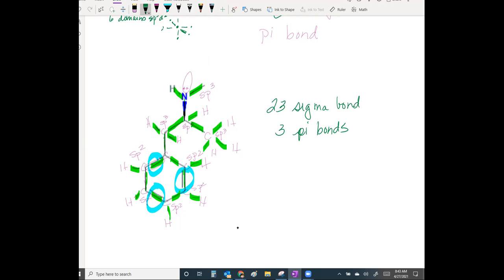All right. If I give you this molecule, let's count sigma bonds.